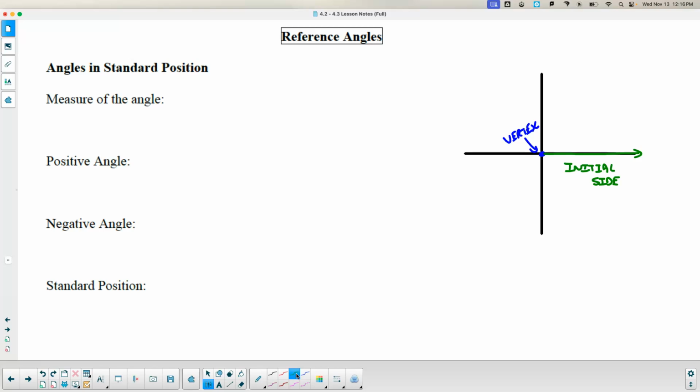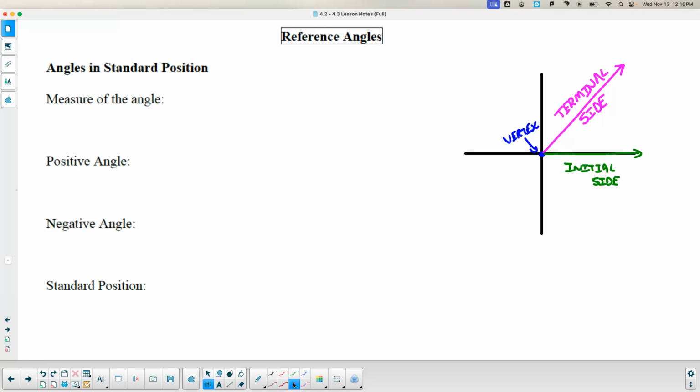Then the third and final part of an angle is what is called the terminal side. And that's how your angle is formed. You've got an initial side on the positive x-axis, you've got your vertex at the origin, and then you've got your terminal side somewhere in that rotation.